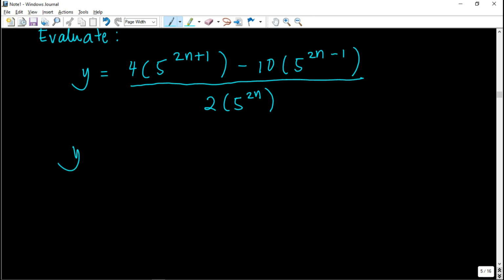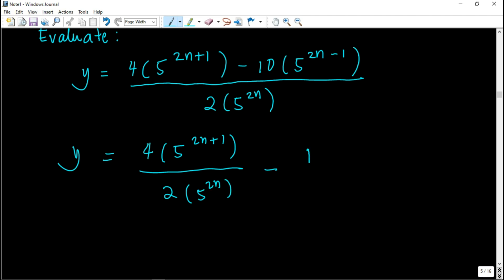So, this becomes y equals 4 times 5 raised to 2n plus 1 all over 2 times 5 raised to 2n, and minus 10 times the quantity 5 raised to 2n minus 1 all over 2 times the quantity 5 raised to 2n. Hiniwalay lang natin so that we can simplify.